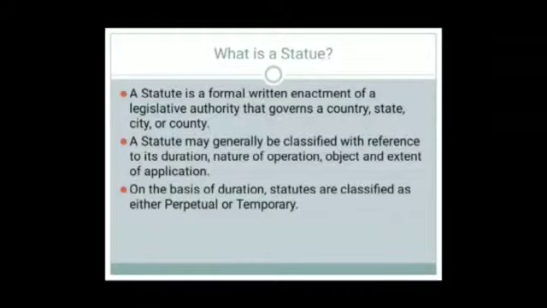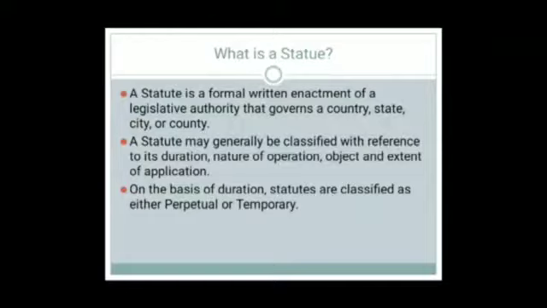Now this will has to be expressed formally, in the forms which are necessary to constitute it as a law of the state or a country. So statute is a written law. And what is customary law? It is an oral or unwritten law. So this is the meaning of statute.